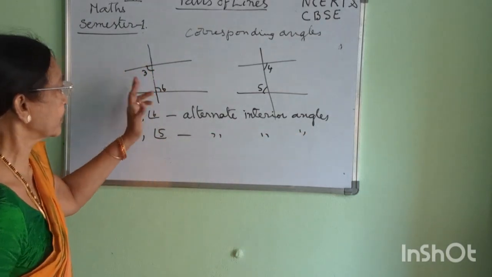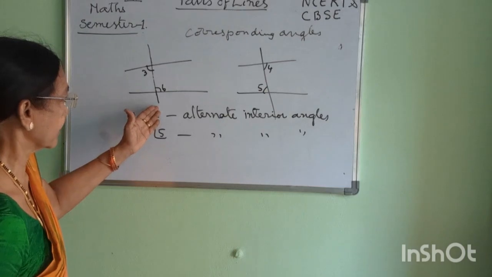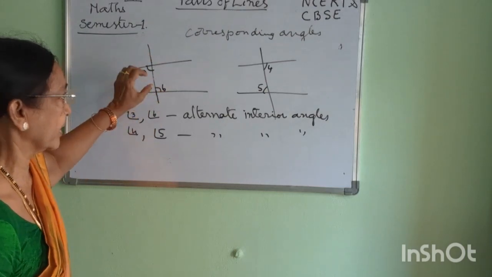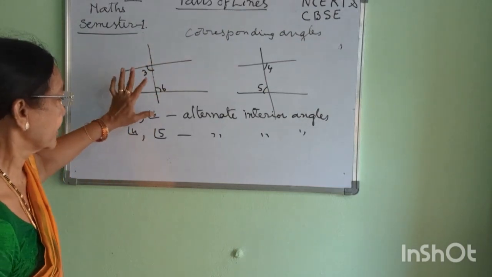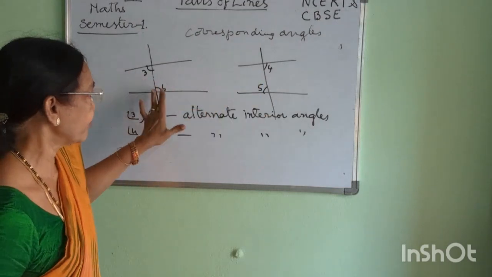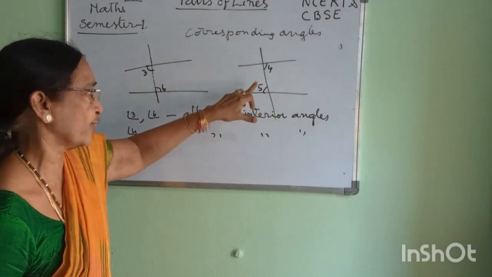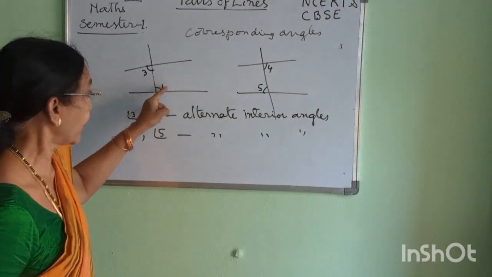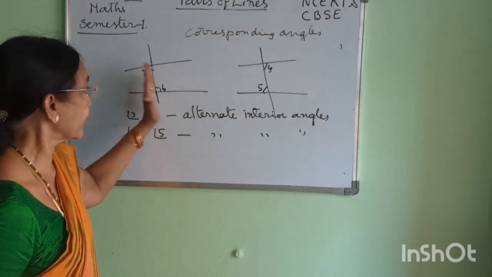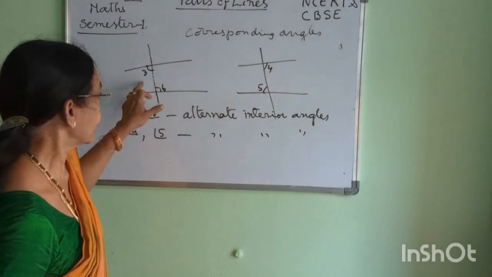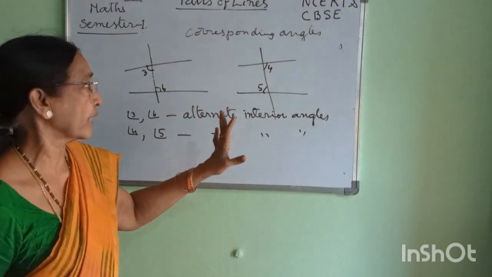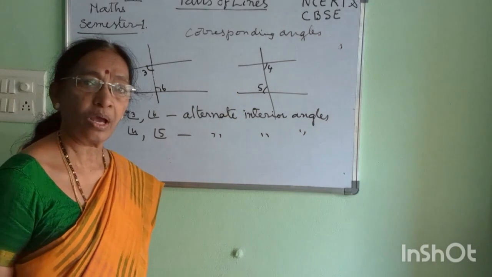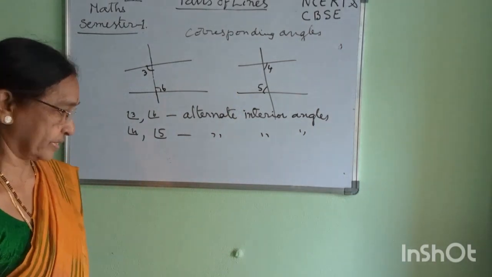They are on opposite sides of the transversal and they are interior angles inside the two lines. All the 4 angles 3, 6, 4, 5 are interior angles, but these are opposite to each other on either side. So these two are called alternate interior angles. Similarly these two are also called alternate interior angles.